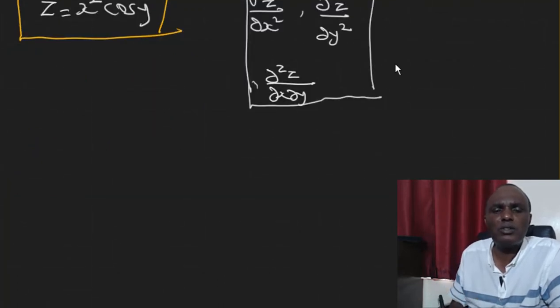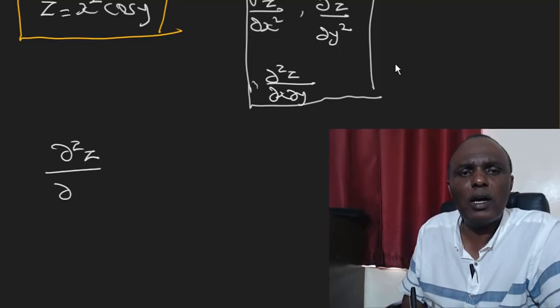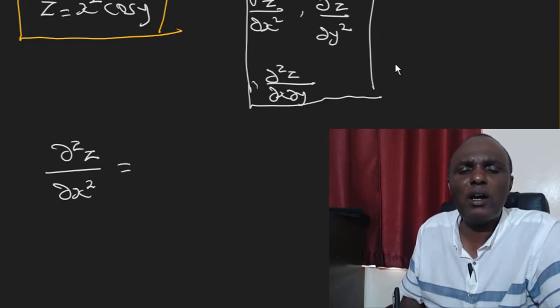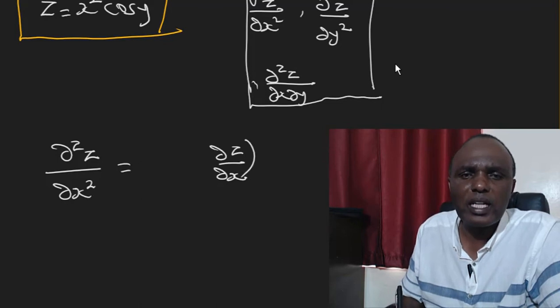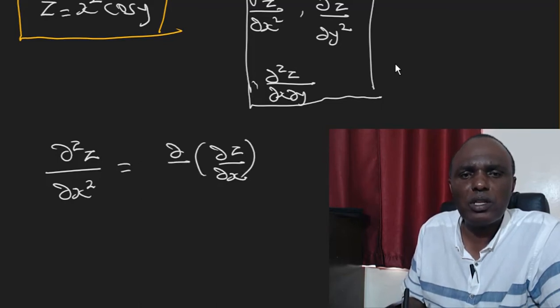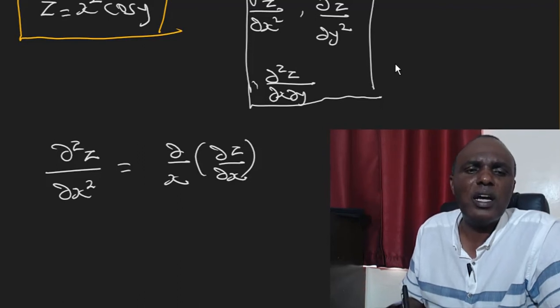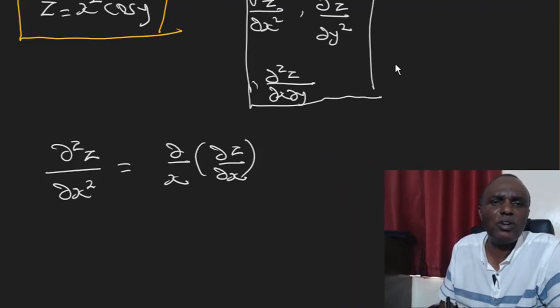All these are second derivatives of this function. So we want now to get ∂ squared z over ∂x squared. As we have said earlier, we are going to differentiate z with respect to x, that is ∂z over ∂x. The answer we get, again, we differentiate it with respect to x, and that will give us the second derivative of this function.